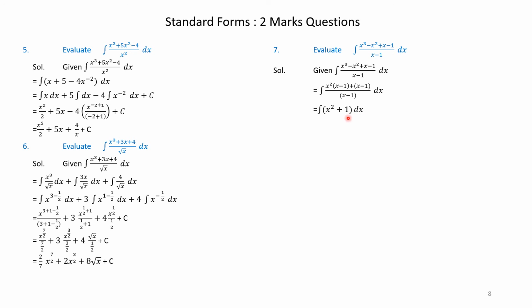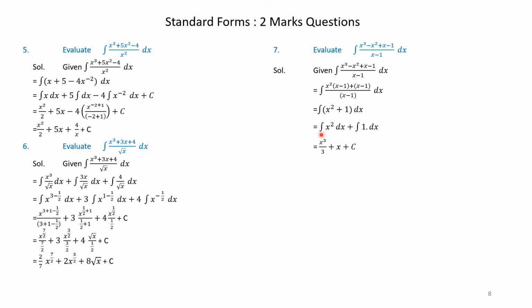Therefore, x square plus 1 into dx. Therefore, integration of, again, this is a summation, so we can segregate it. Algebraic summation. So, the previous line can be written as integral x square dx plus integral 1 into dx.